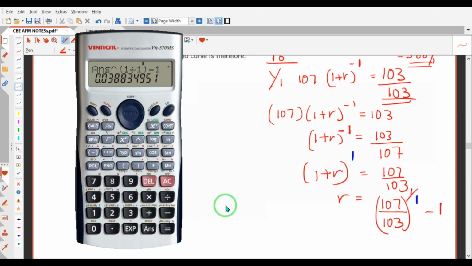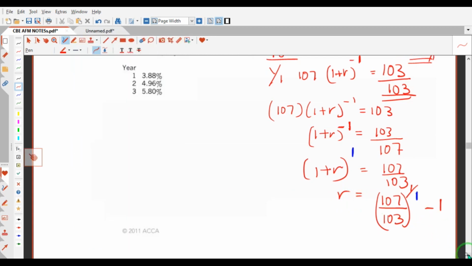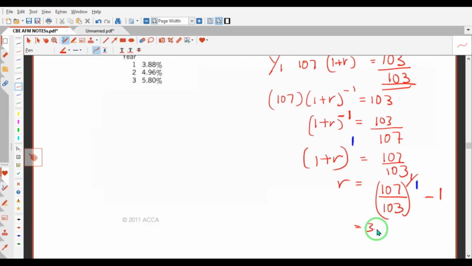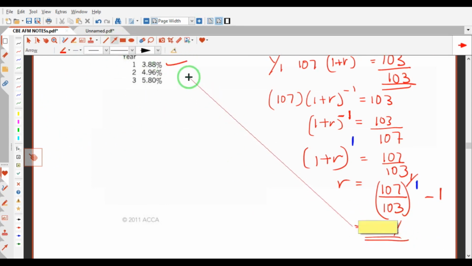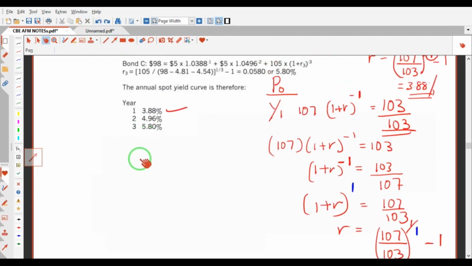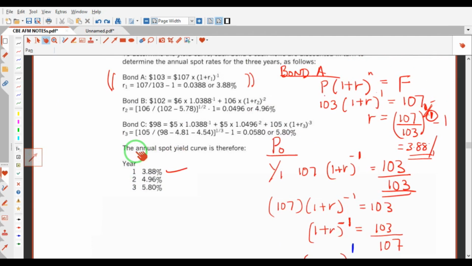There you go. The answer is going to be 3.88, which in percentage will be 3.88%. Is that okay? 3.88% is what we got over there. All right, so this is how we will do it on paper.